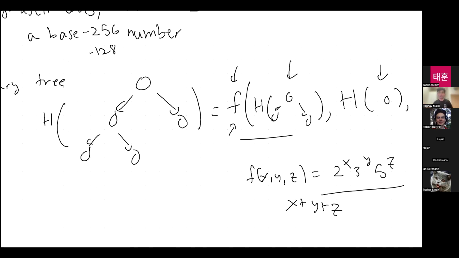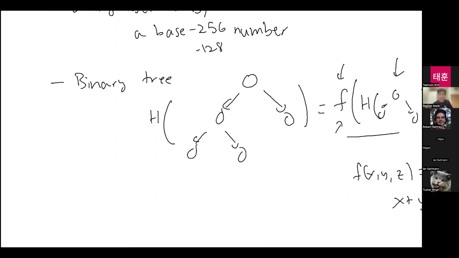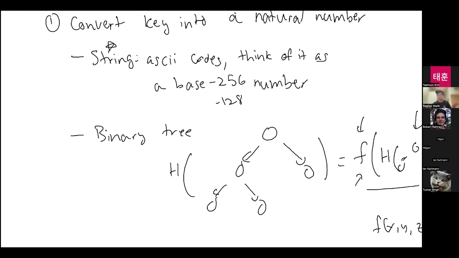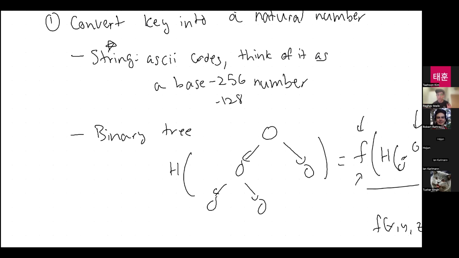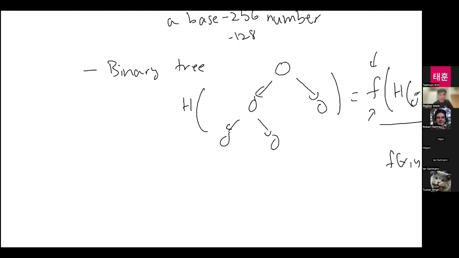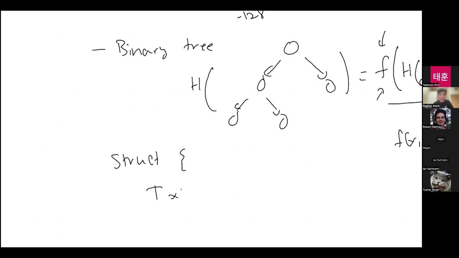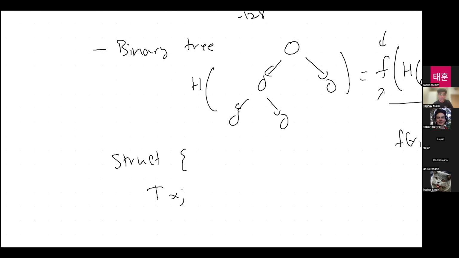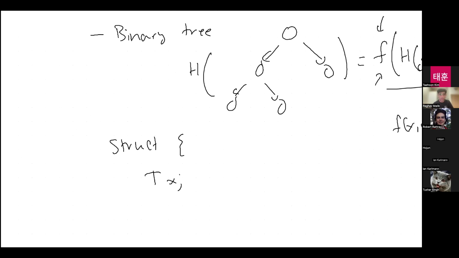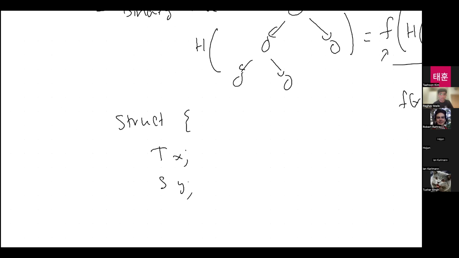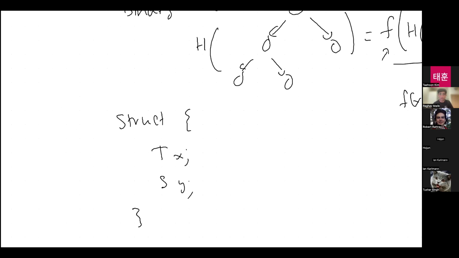I can do this for a graph as well. In general, you have creative freedom for how you want to hash a data structure. If you've got a struct with some type T and some type S, maybe you compute the hash of X, you compute the hash of Y, and then you concatenate these together, or add them together.